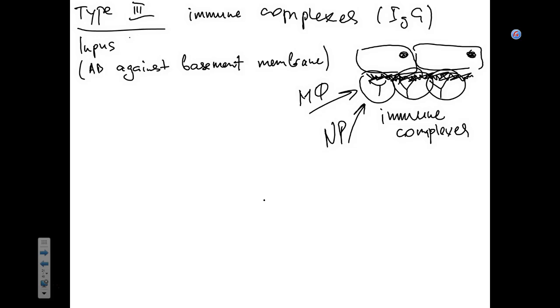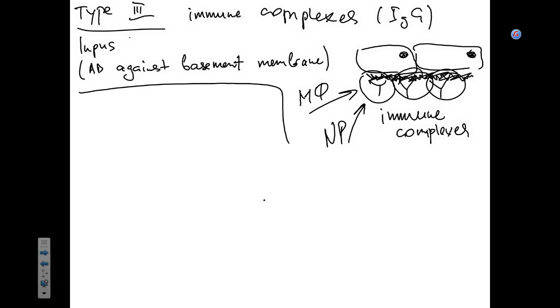In kidneys, it's going to be inflammation of the glomeruli and glomerulonephritis and kidney disease. And in joints, it's going to be synovial membrane that will become inflamed, causing arthritis pain and arthritic inflammation. Okay, so it comes from B cells, antibodies attacking your own tissues. Does that make sense?